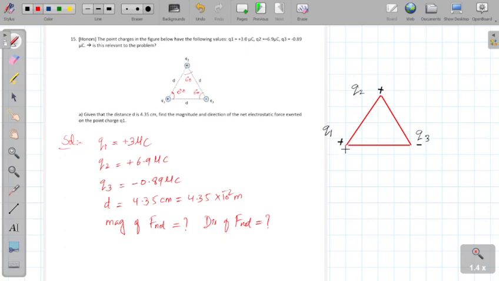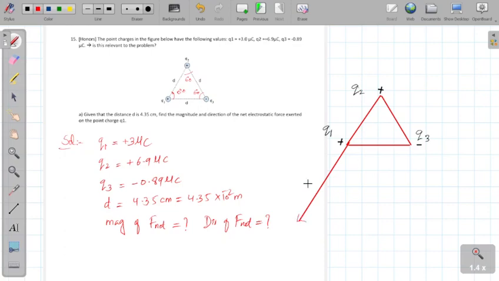First of all we have to indicate the direction of the forces due to the second charge Q2 and the third charge Q3. As Q2 is positive, Q2 will repel Q1 in this direction. This is the direction of the force exerted by Q2.